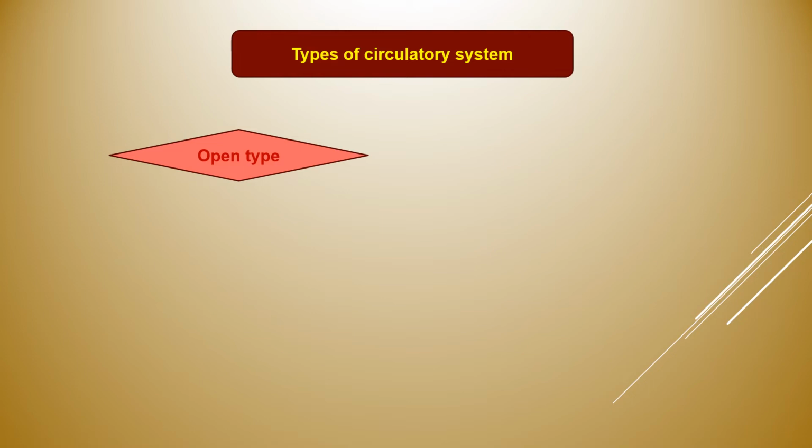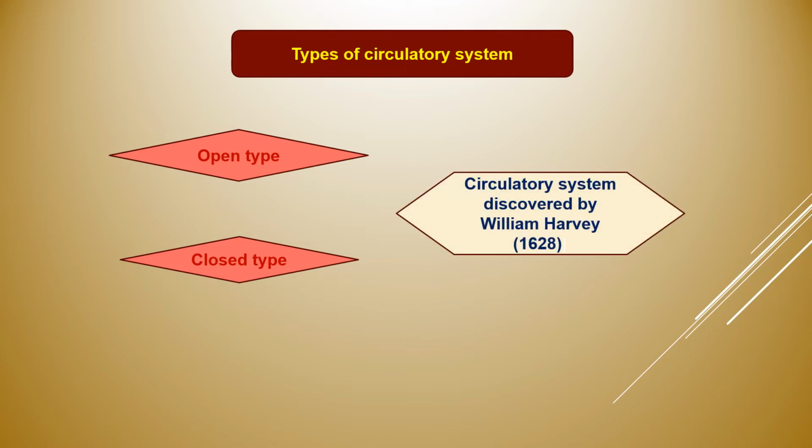Next, closed. This closed blood circulatory system is a complete circuit around the body through specific blood vessels. Example, human and other vertebrates. The blood flows from arteries to veins through small blood vessels called capillaries.